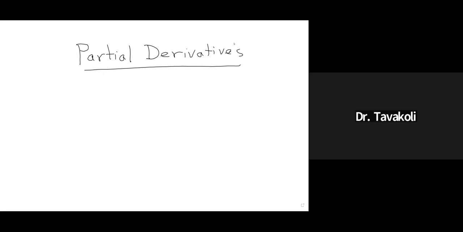In this lesson, we talk about partial derivatives of functions of several variables. As you know, when we have a function of one variable, like y equals f of x, we know that the derivative is with respect to that variable, like the notation that we have, f prime of x or dy over dx.